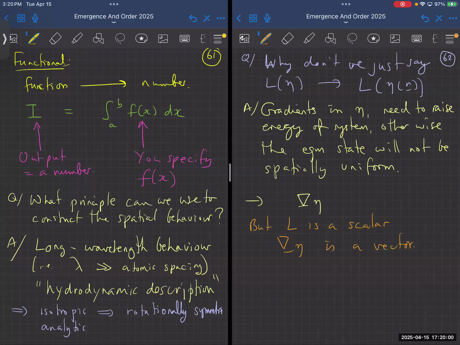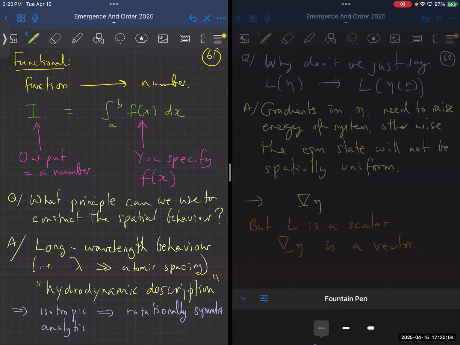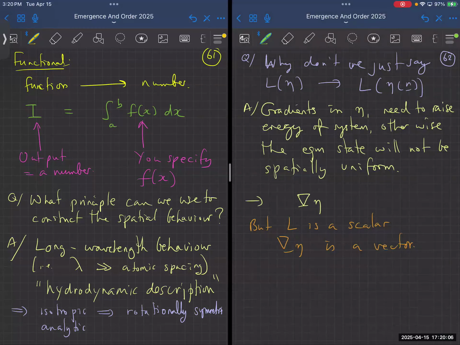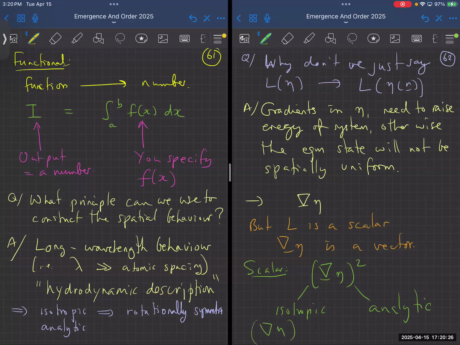It's got to be a term that is a scalar. So the only scalar that we can make out of grad eta is grad eta squared. And this is isotropic, analytic, and grad eta squared equals 0 in equilibrium.